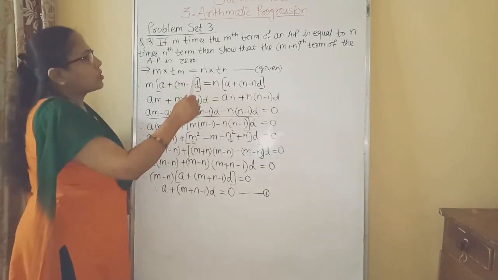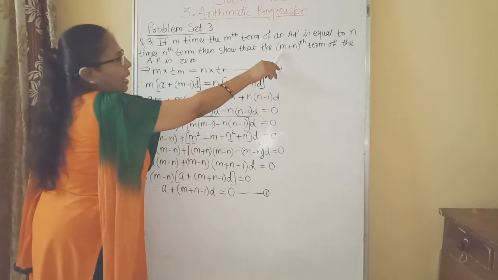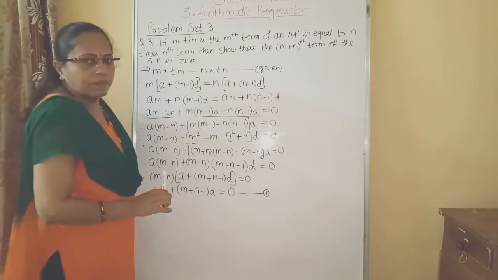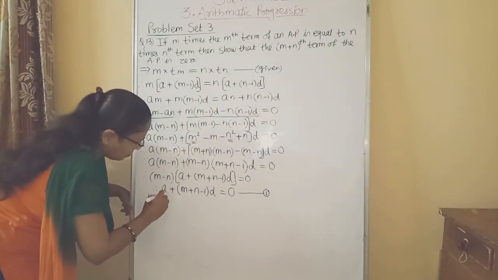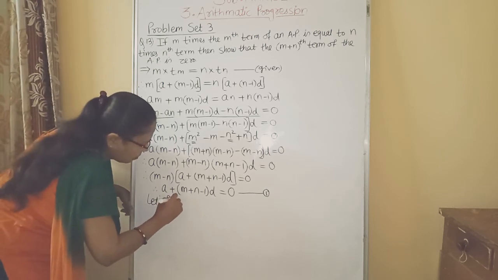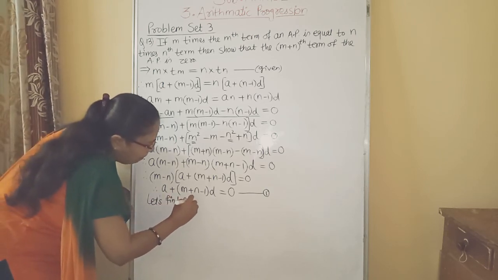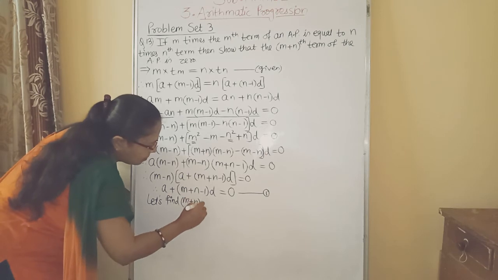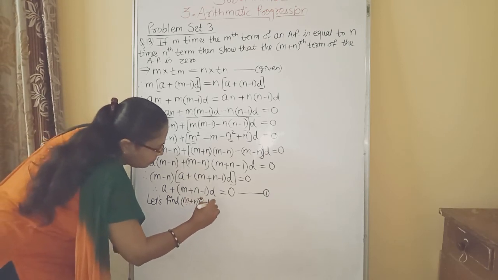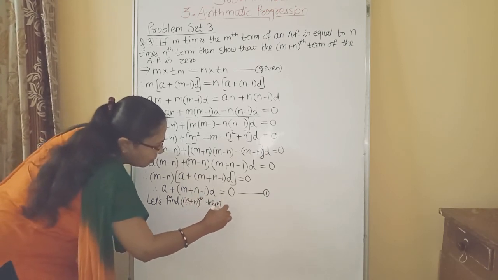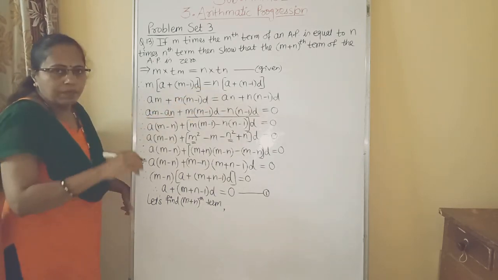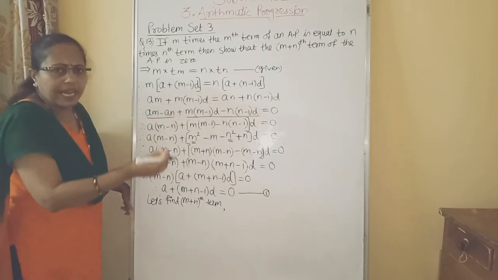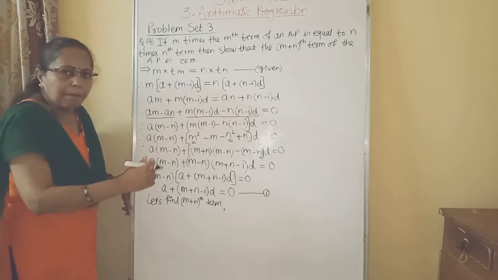Now which term do we have to find out? The m plus nth term. So let us find the m plus nth term. Again we will use the Tn formula only. So instead of Tn we will write T m plus n.